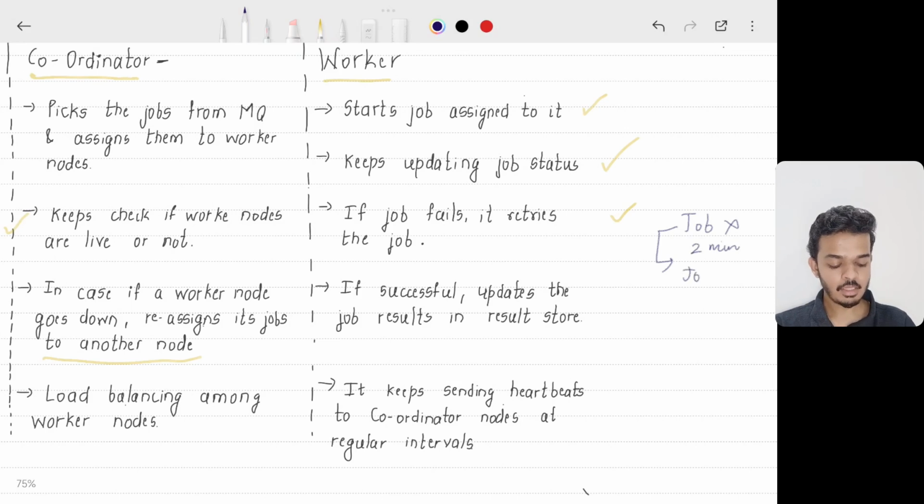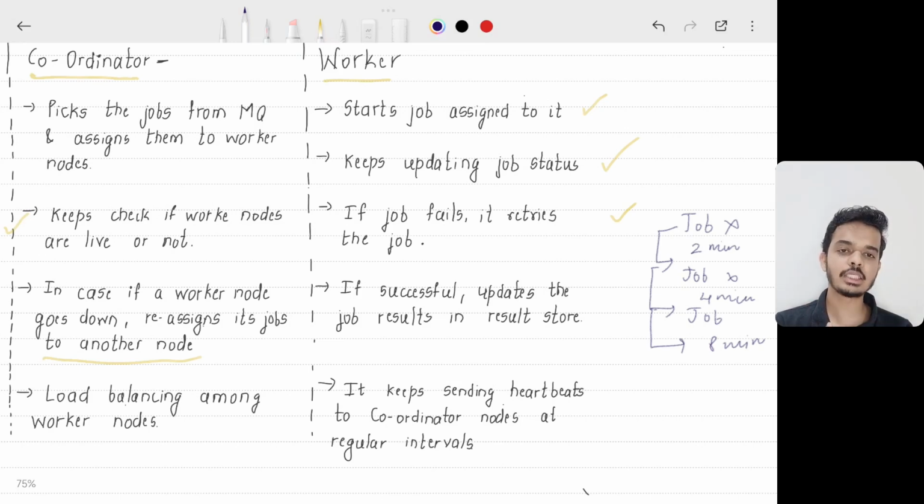Okay. After 2 minutes it retries the job and the job fails again. So before retrying next time it will wait for 4 minutes and the job fails again. So next time it will wait for 8 minutes. So it will keep exponentially increasing the time to retry the job. Okay.